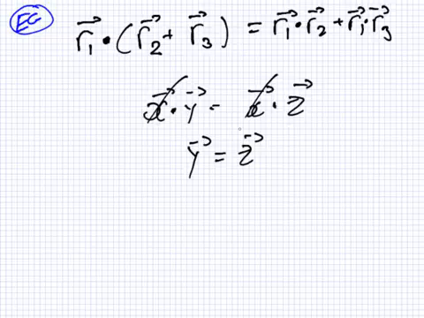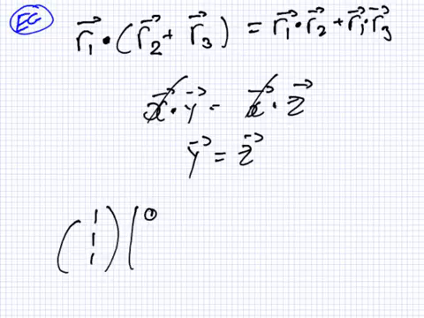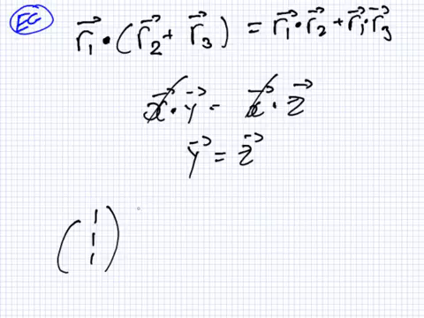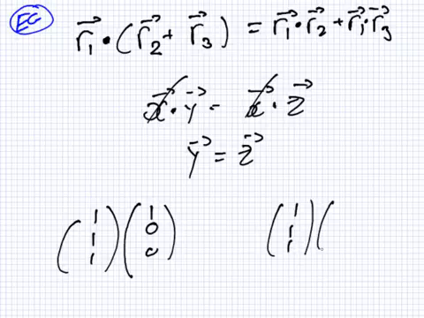And you can see this with actual numbers. You could pick x as 1, 1, 1, and y as 1, 0, 0, and z as 0, 1, 0.